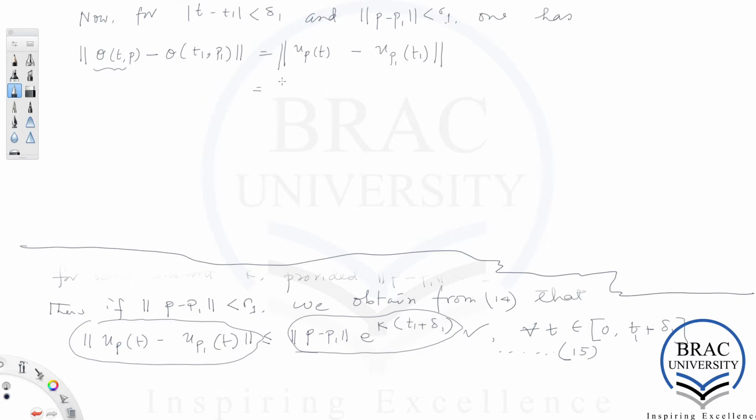Now I can rewrite it as u_p(t) minus u_p1(t) plus u_p1(t) minus u_p1(t1), and by triangle inequality it is less than or equal to the norm of u_p(t) minus u_p1(t) plus the norm of u_p1(t) minus u_p1(t1).